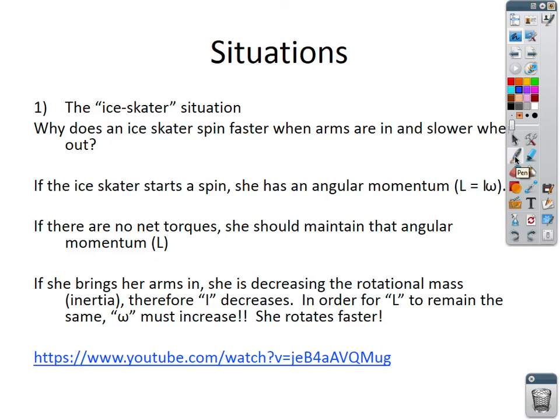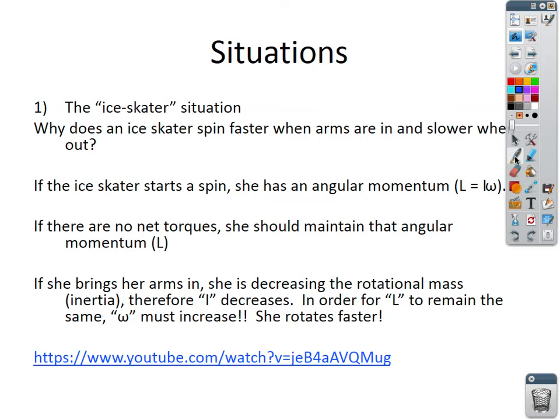What's happening is when the person brings their arms in, I say she, I think there's a video of a female figure skater going through the spin, she decreases her rotational mass. With your arms out, you're rotating along your body, your torso, from head to toe.